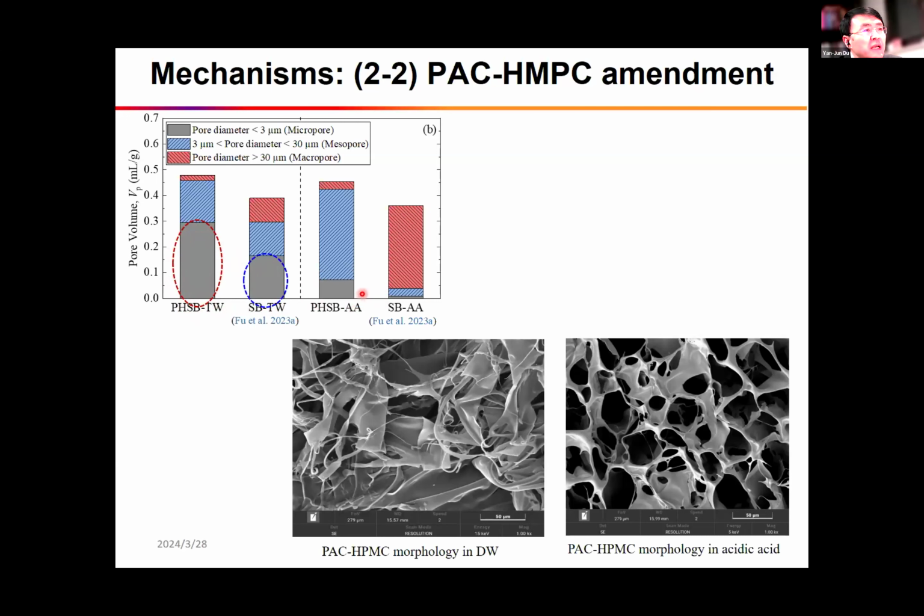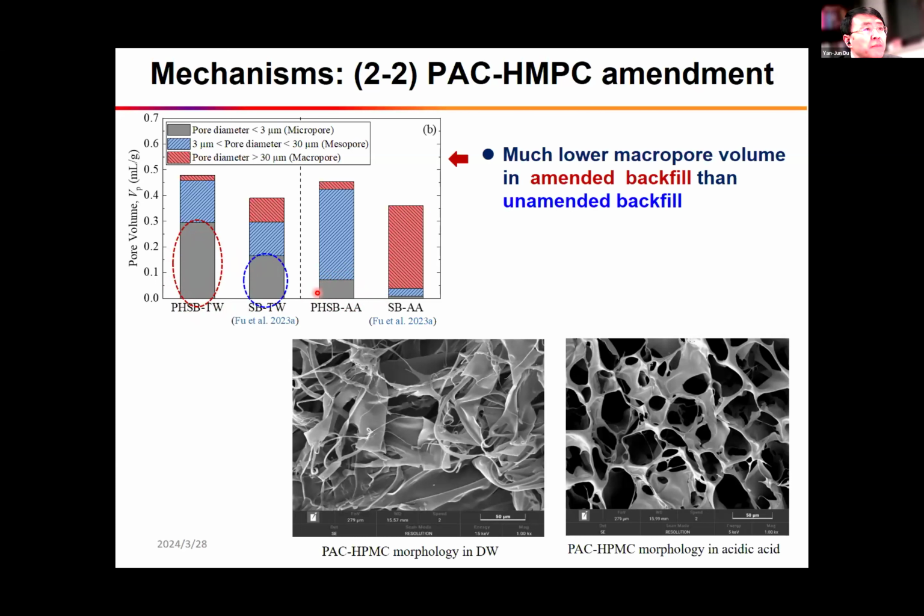Even when exposed to the acetic acid, the volume of the micropore of the amended backfill is higher than that of the unamended backfill. The morphology of the polymer slightly changes in the presence of the acid condition.